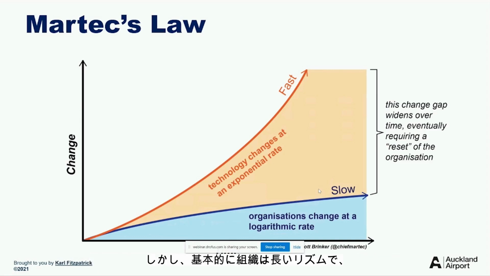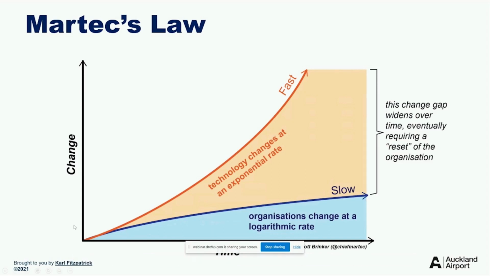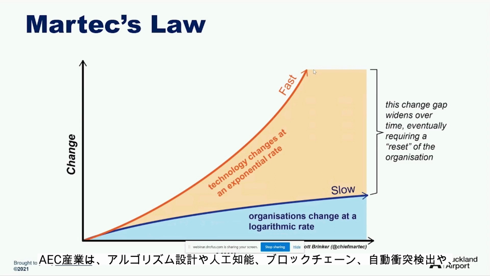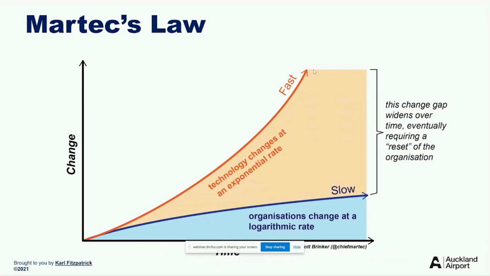Basically, organizations change at a logarithmic, or slow, rate over time. Technology goes at an exponential rate, and you see this with BIM, where the AEC industry is racing off into algorithmic design, artificial intelligence, blockchain and automated clash detection and coordination, whereas these client organizations aren't in that space, so they're moving much slower.